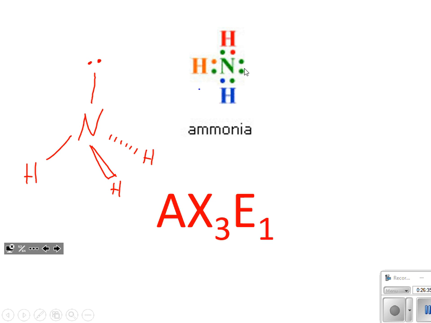Now, just for practice, what I want you to do, let me find something up here. I want you to draw the dot notation and do, let's see.